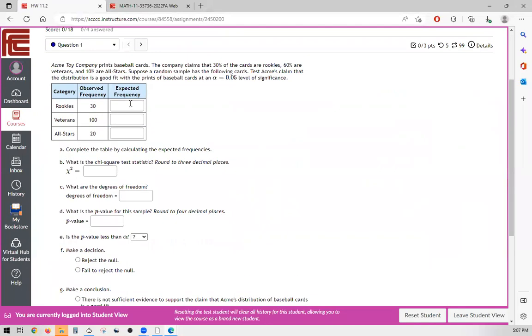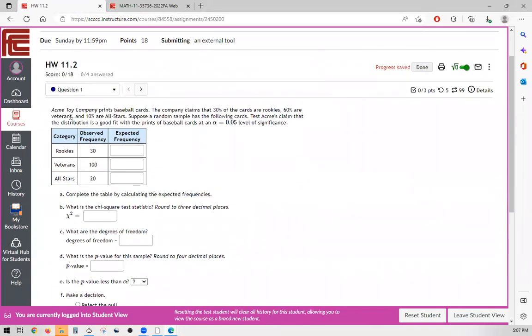So question 1 says, Acme Toy Company prints baseball cards. The company claims that 30% of the cards are rookies, 60% are veterans, and 10% are all-stars. Suppose a random sample has the following cards.